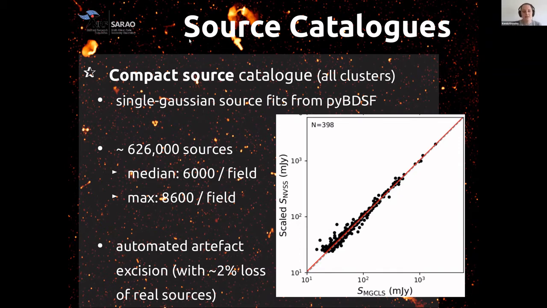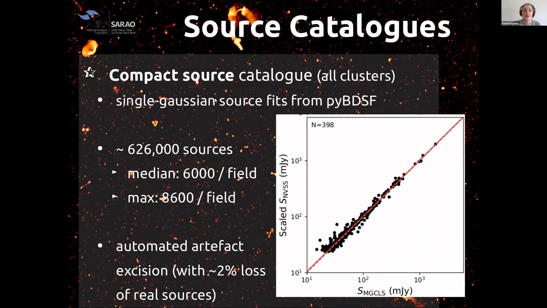The first one is some source catalogues, which will become public to the community as well. We've created a compact source catalogue from all the cluster fields. We use the PyBDSF source finder, and the compact source catalogue contains only those sources that had a single Gaussian source fit. So they're not necessarily point sources, but they are compact.